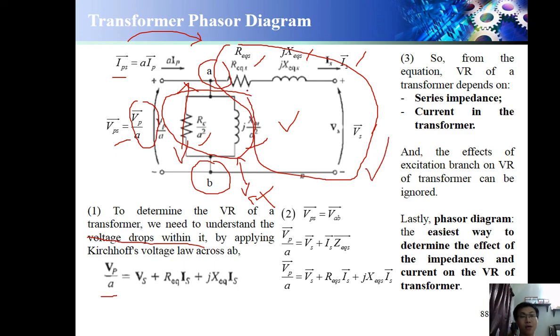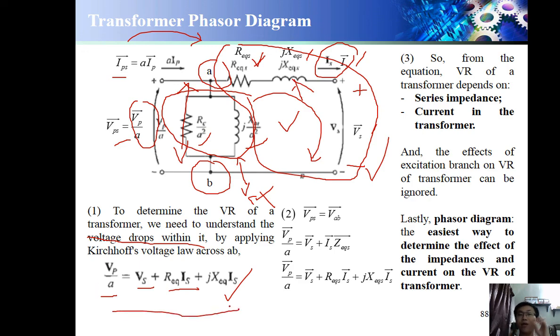So VP over a, if we apply Kirchhoff's law, is VS plus R equivalent IS plus IS times jX equivalent S. This is the phasor diagram that we must memorize.